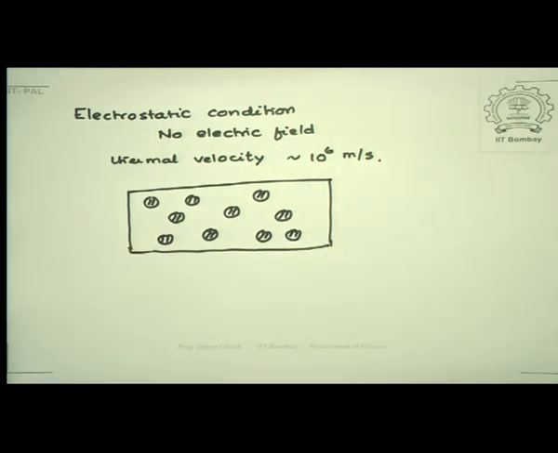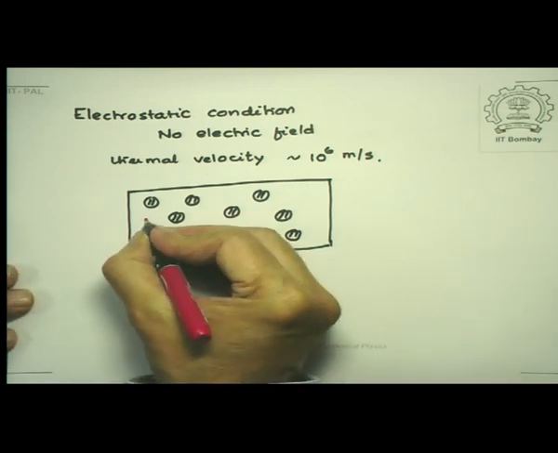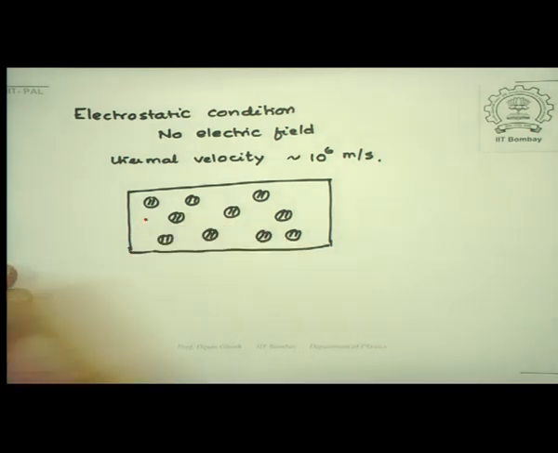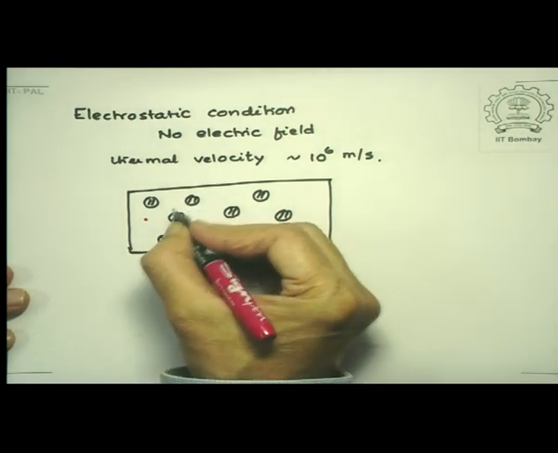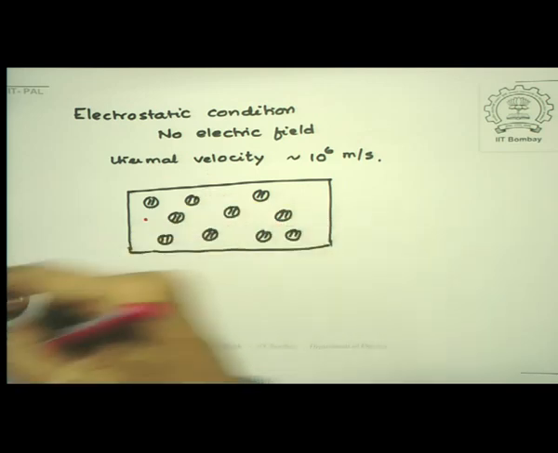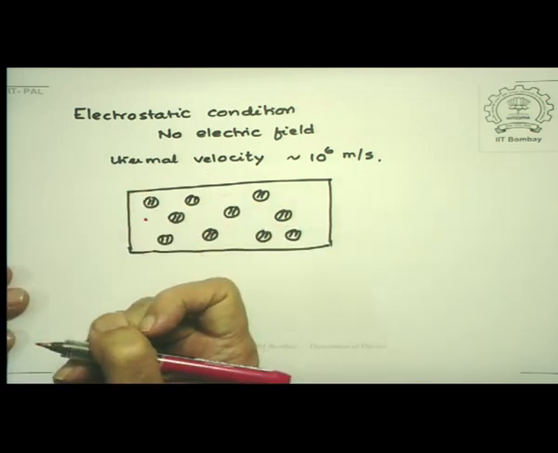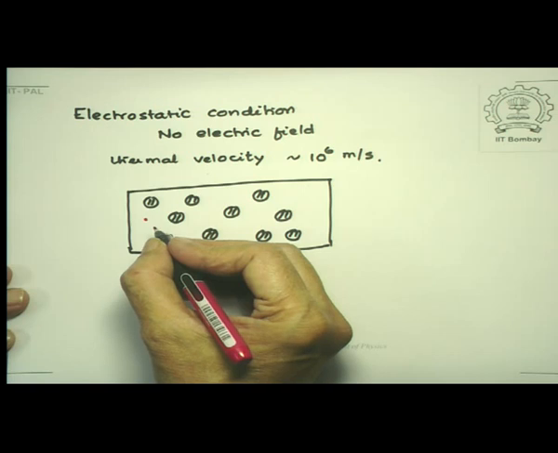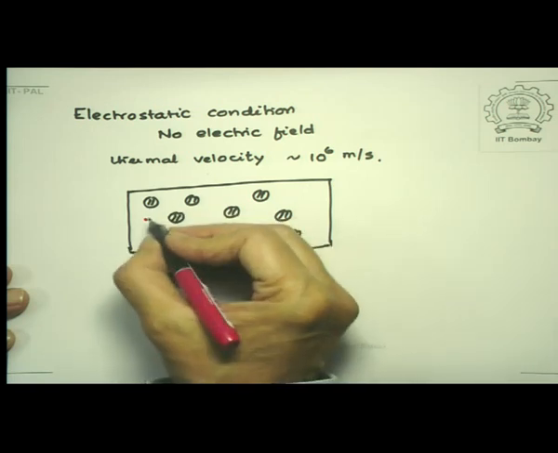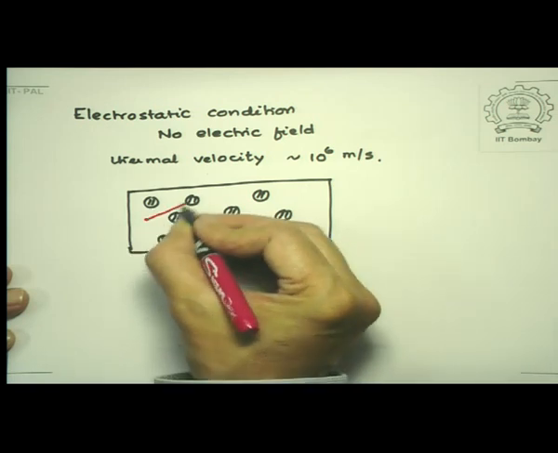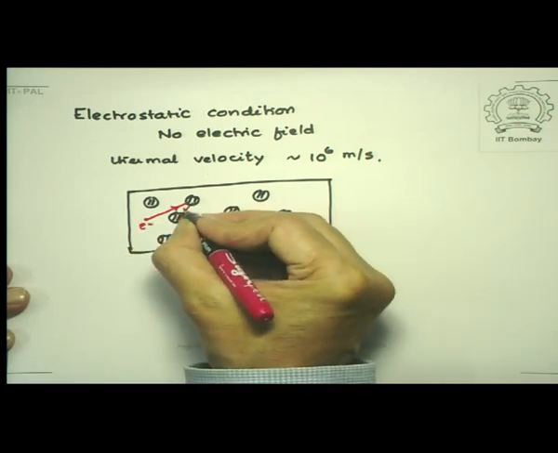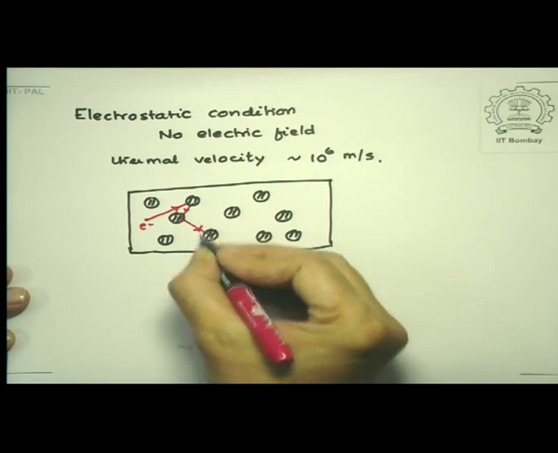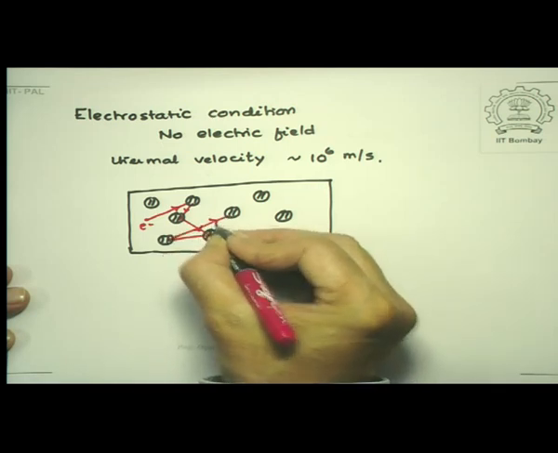If you take a particular electron, it is continuously colliding with atoms or ions, bouncing back from the atom, and then colliding with another one. So typically, if this is an electron, it could go here, then here, then here. So all sorts of things can happen.